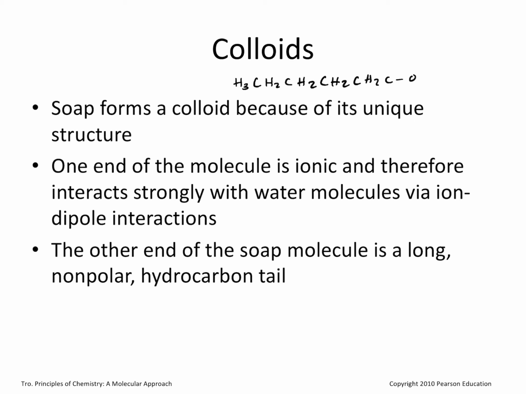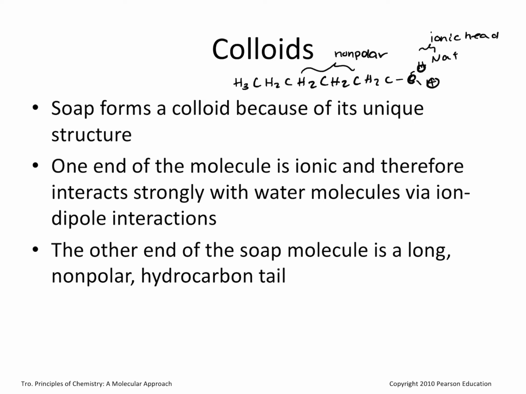You have a long hydrocarbon tail, and then you have a polar end, the ionic head. So we have sodium here involved, I should say, because this is carbon and these are my two oxygens. And the nonpolar tail gives soap its unique kind of structure.